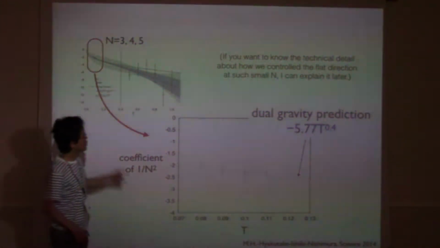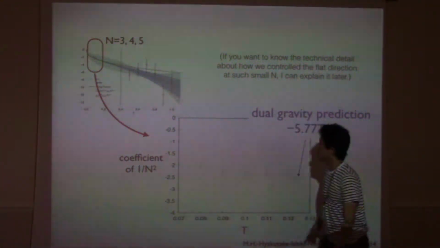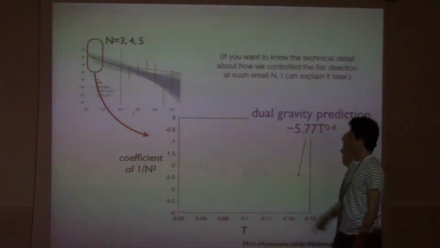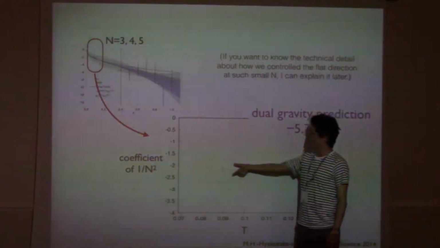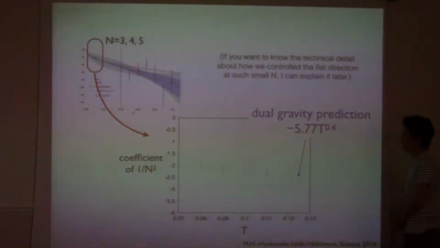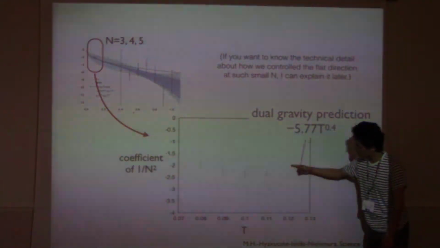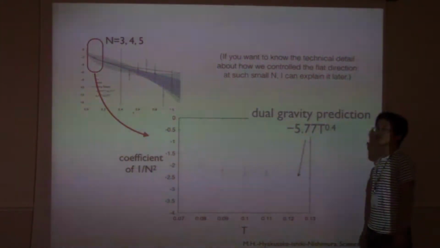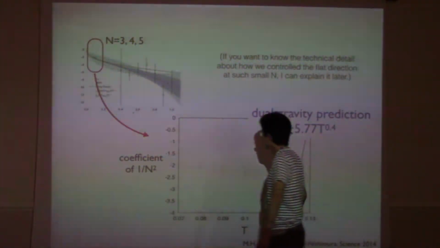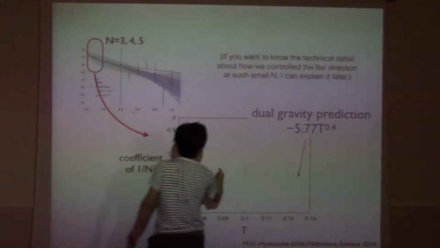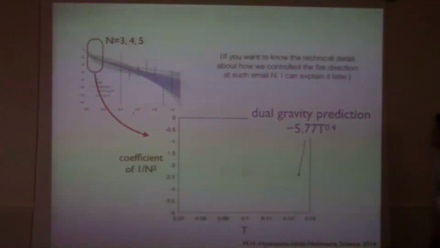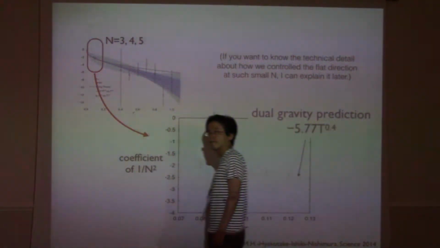If you zoom up here, this is our simulation result. These are the coefficients of 1/n squared obtained from n equals 3, 4, 5. Here we don't have an error bar because we just had n equals 4 and 5 at this temperature. And this dotted line is minus 5.77 times T to the 0.4. And the agreement is very good.